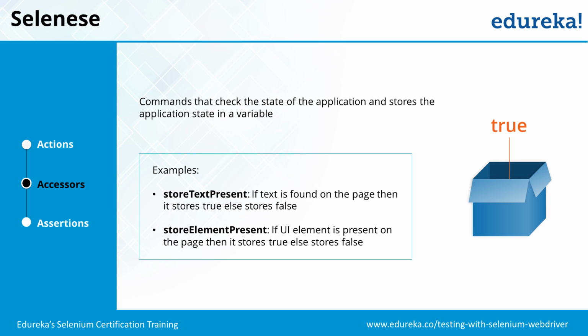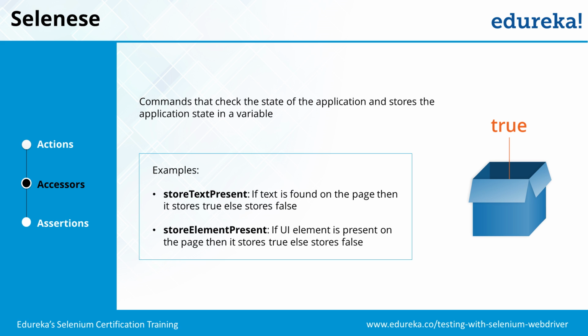Okay. The next part is the accessor. So commands that check the state of the application and store the application state in a variable. That is, you can access the value and store it somewhere within the script, that is in a variable or something. So this kind of accessors will help us to get any kind of values that we require from the application. So examples: store text present.